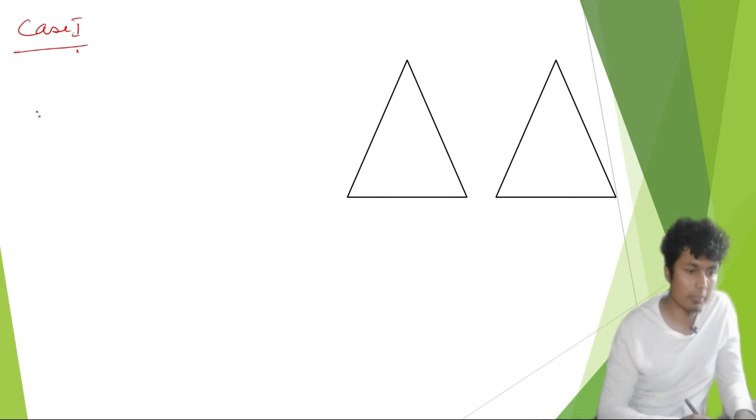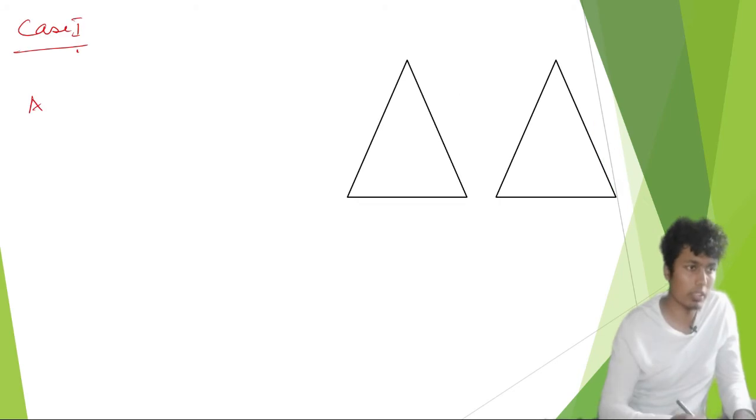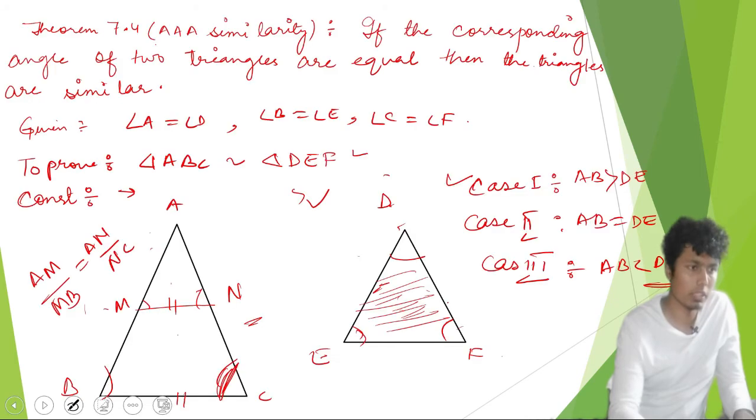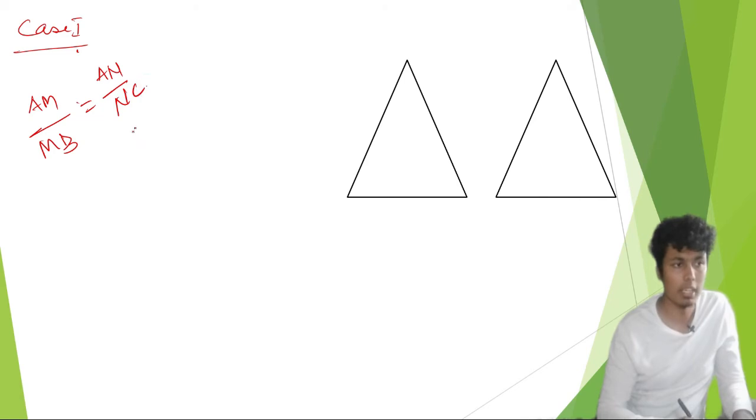Let me write down AM by MB is equal to AN by NC. In the book they are writing it a little bit differently. You just add 1 here, you get the answer.